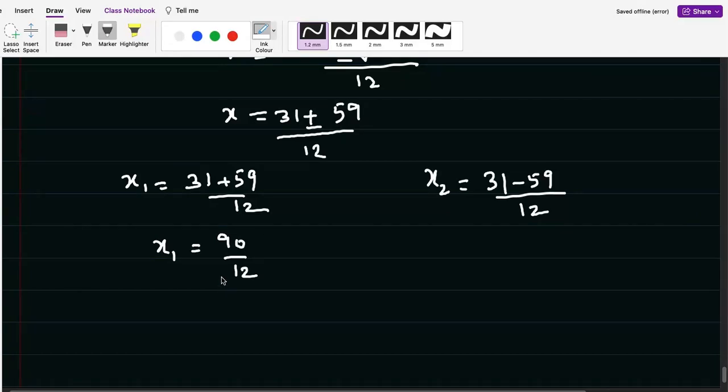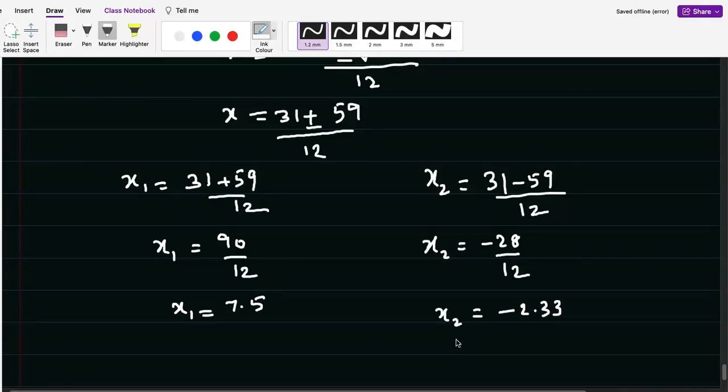You can divide and find the value, but it either comes in fraction or a decimal. So 15 over 2 or 7.5 is the answer. Second one is negative 28 over 12. So x2 value is negative 7 over 3 or negative 2.33. These are the two roots of the given quadratic equation.